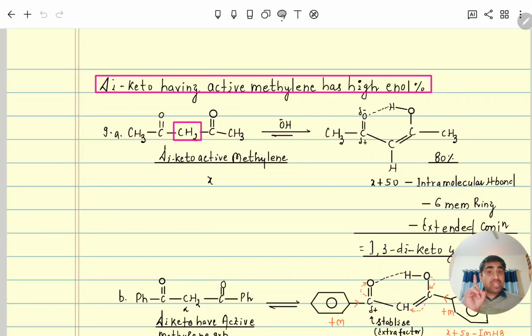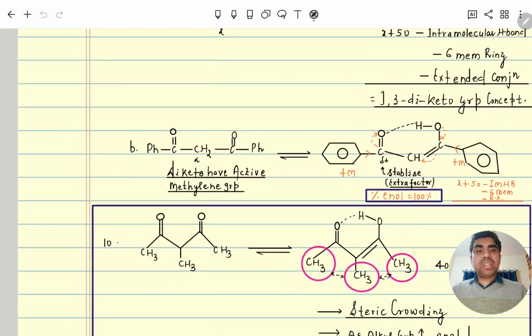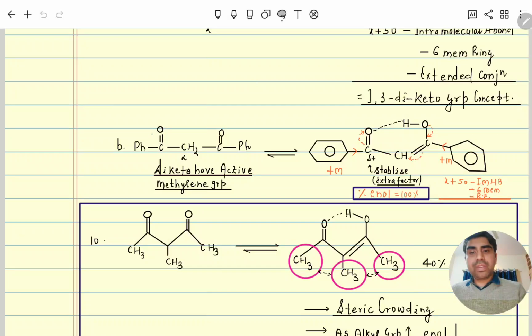Hence, due to this reason, in the 1,3 diketo system you can see R1 is a bulky group, but R2 here is hydrogen, which is small. Hence the enol percentage is more. You can see 80% experimentally, and this one is 20%. Now if instead of this, phenyl is there, a diketo with active hydrogen, what will happen?